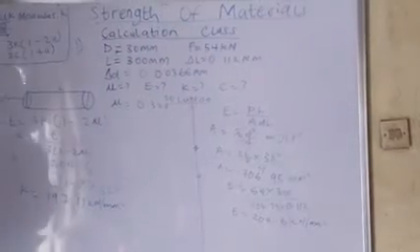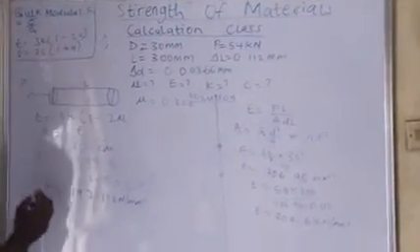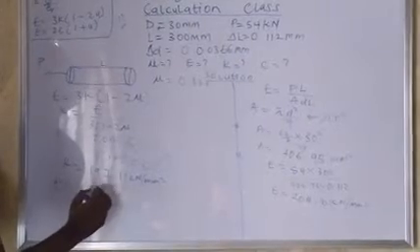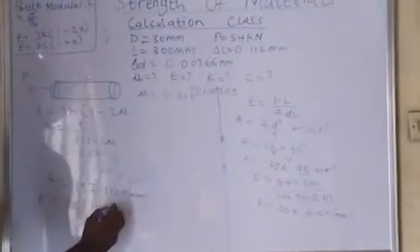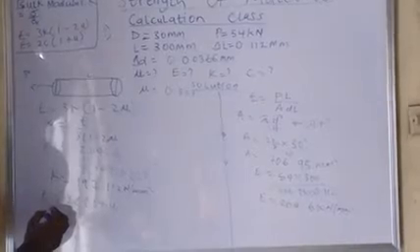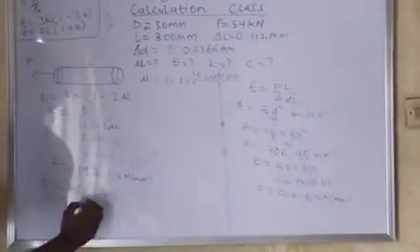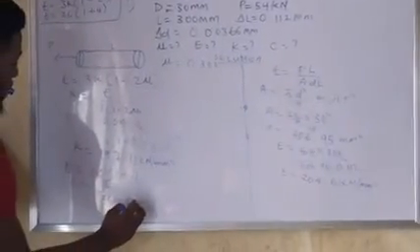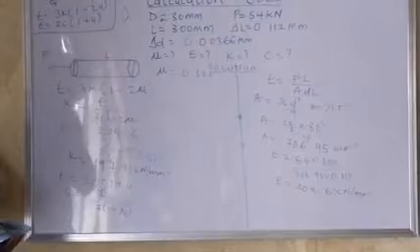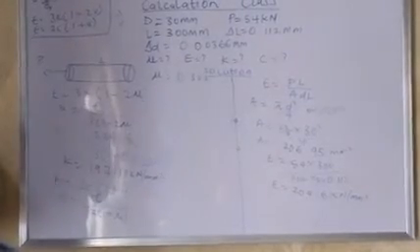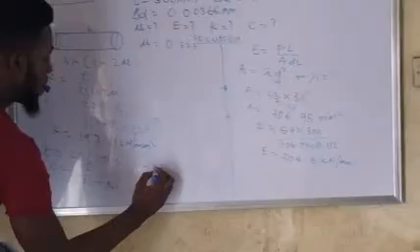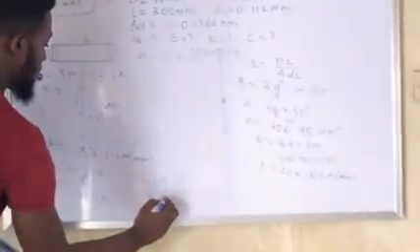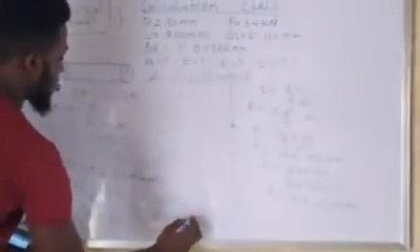And then for C, you can say E equals 2C times 1 plus mu, meaning that C equals E over 2 times 1 plus mu. So you'll be having 204.6 over 2 into 1 plus 0.327.